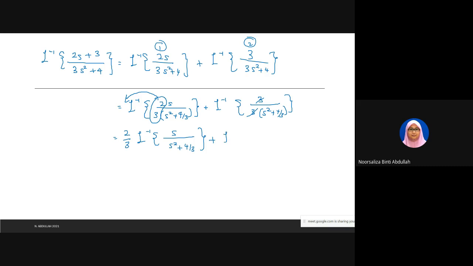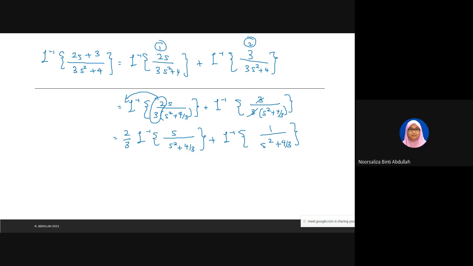Then you have a Laplace inverse 1 over (s square plus 4/3). Sampai sini faham tak? Faham.